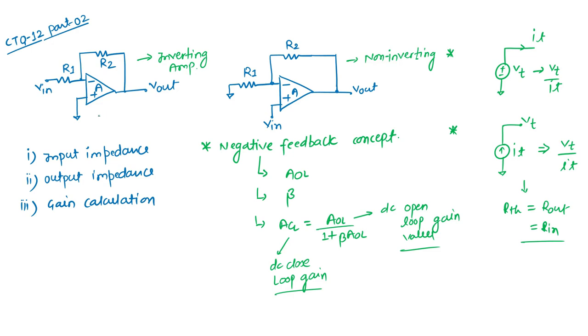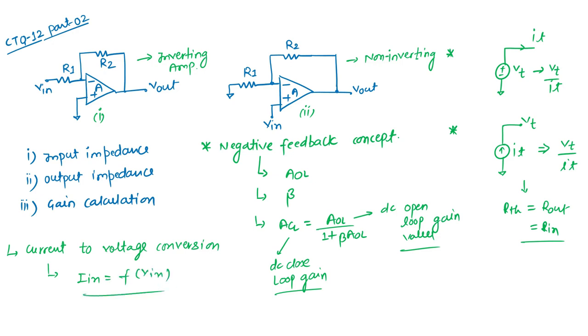That first structure, I call it first, and the other second. The first structure is also doing current to voltage conversion, and that current that I call I in is nothing but a function of my V in. We'll see all the points in detail.